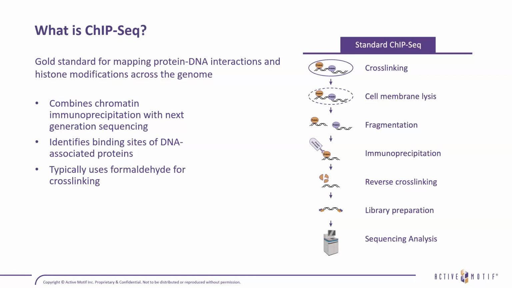So this is really the ChIP in ChIP-Seq. You use an antibody that targets your protein of interest. You're going to incubate your chromatin with that antibody and really enrich or isolate the DNA sequence that is bound to that protein. After that, you have a reverse cross-linking step, and then followed by library preparation in order to get those sequences ready for sequencing analysis.